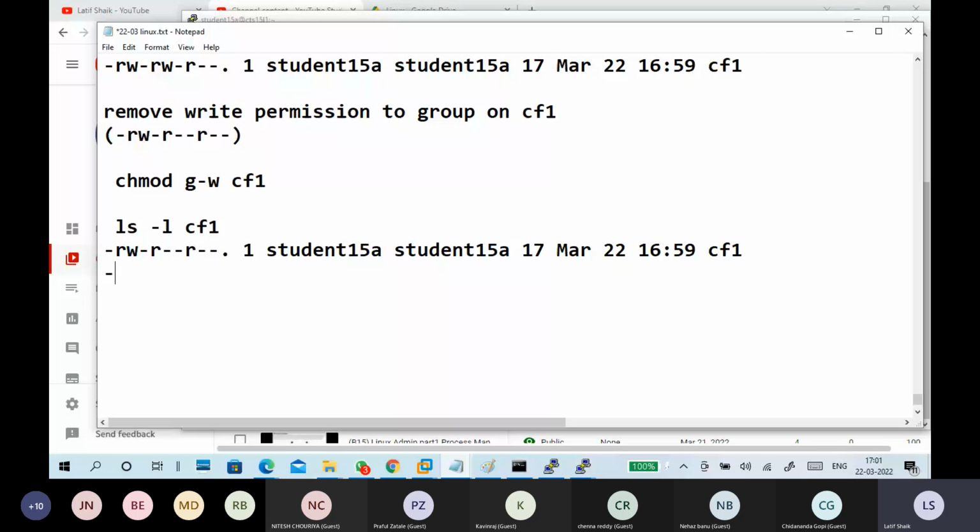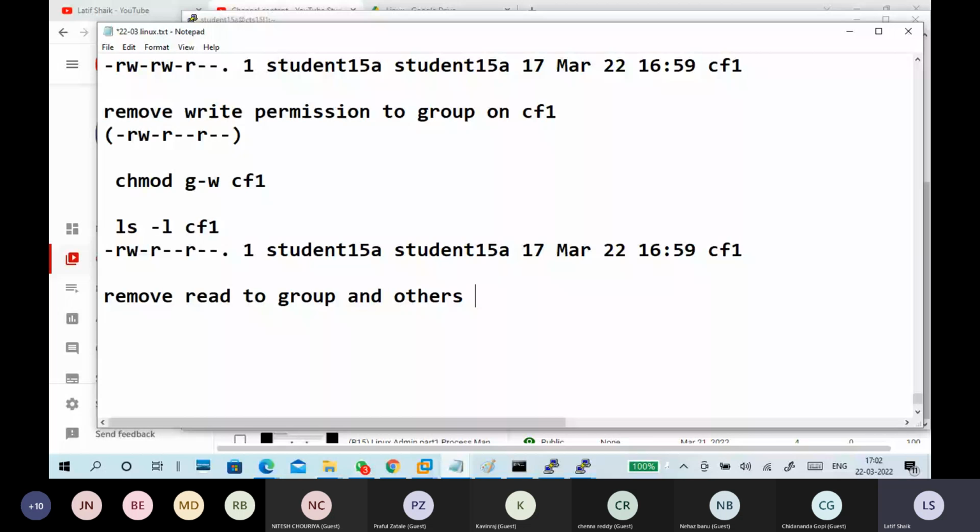The output is the same, but the question will be different. The question: again remove read from group and others.